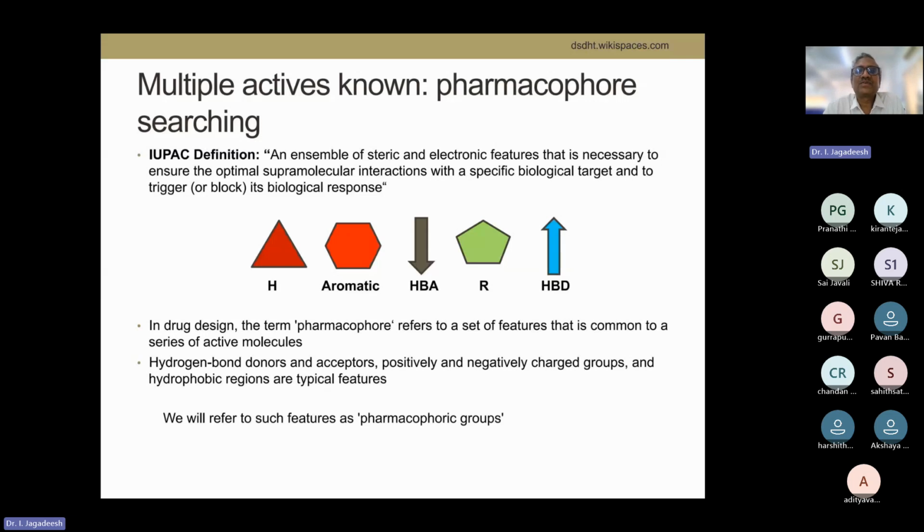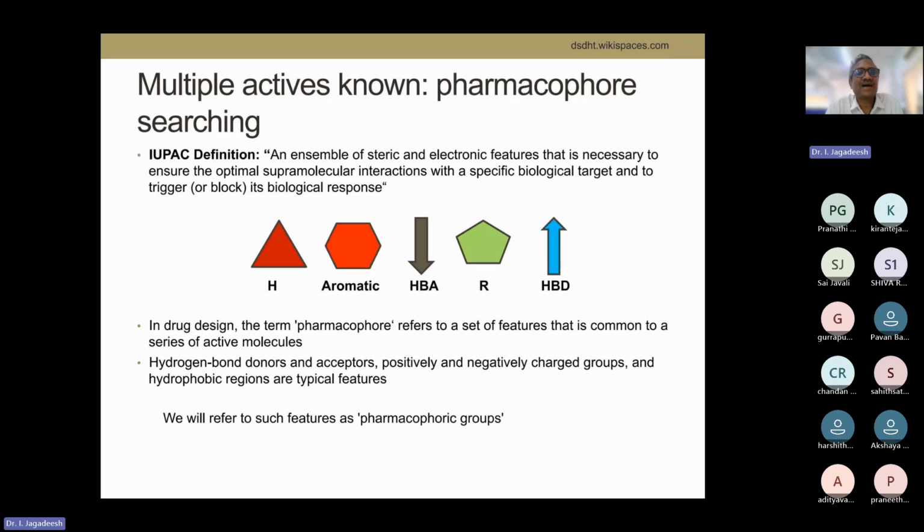Multiple actives known, pharmacophore searching. Most of the time, pharmacophore searching is not like a chemical search. In the pharmacophore search, the same moiety will have a functionality at different receptors. So that is the one where we are going to explore the new area. A pharmacophore is an ensemble of the steric and electronic features that are necessary to ensure optimal supramolecular interactions with a specific biological target, and to trigger or block the biological response.